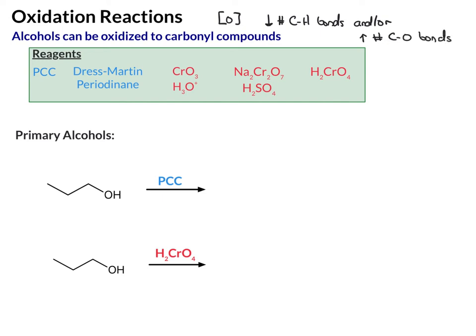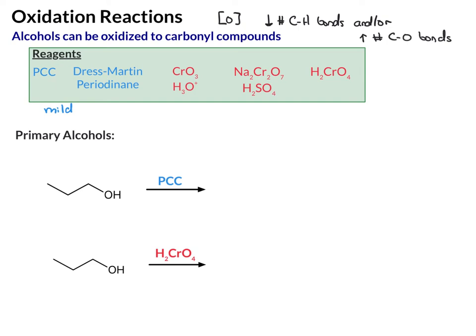I've listed several different oxidizing reagents for you here. You will notice that they are in two categories labeled with two different colors. The first two, PCC and Dess-Martin periodinane, are considered mild oxidizing agents. While the ones in red are all chromium based.